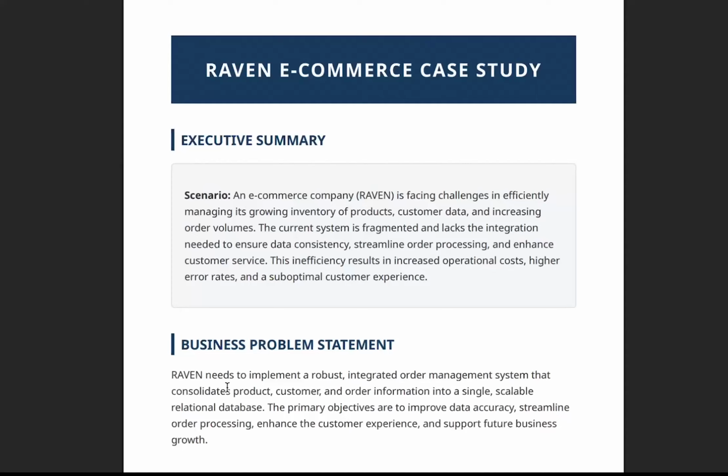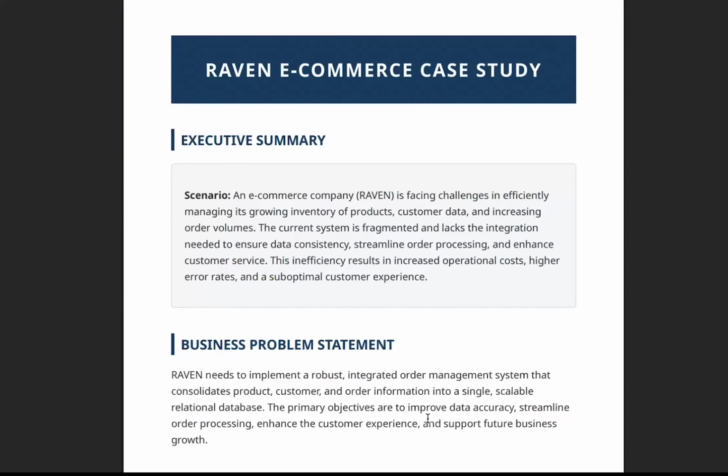The business problem is that Ravens needs to implement a robust, integrated order management system that consolidates product, customer, and order information into a single scalable relational database. So that's what they want. They want to create a management system, which is a database that stores their information.